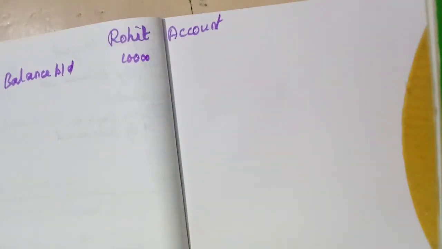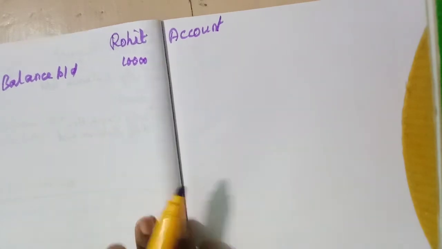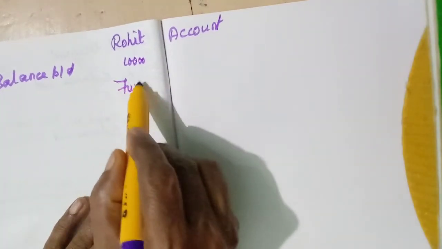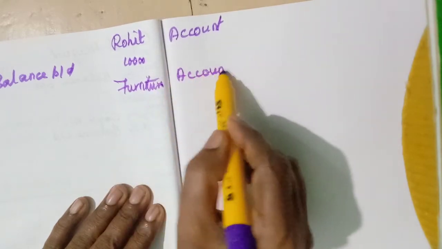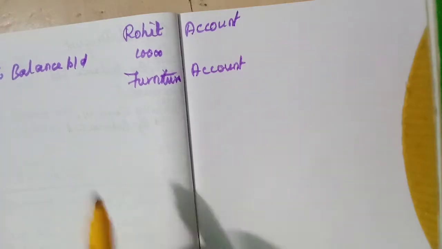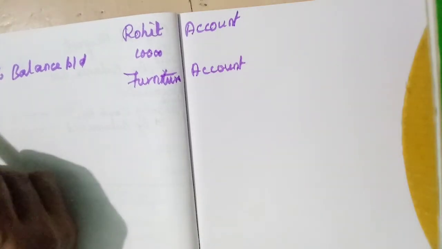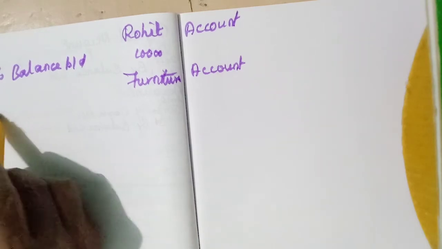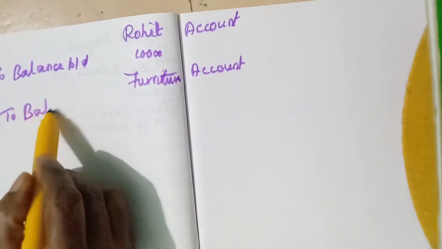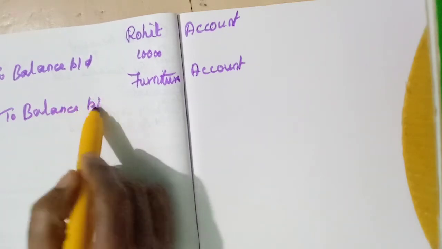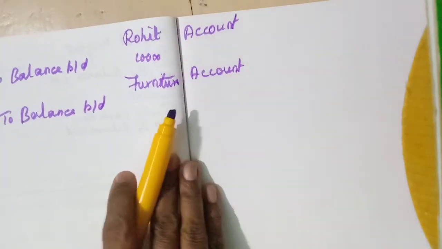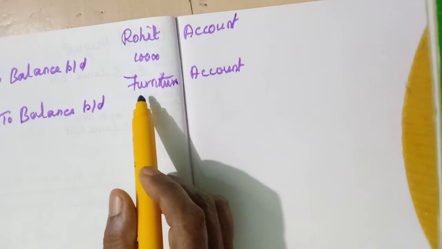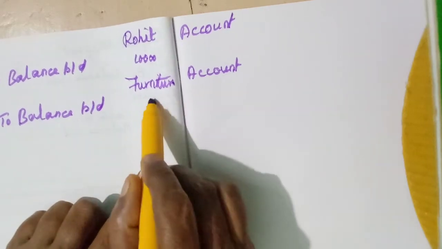Then next account, furniture account. That also debit balance only. So same date. No need to write the particulars like that for each and every problem. At the top, if you write once, that will do. Furniture, how much? 10,000.